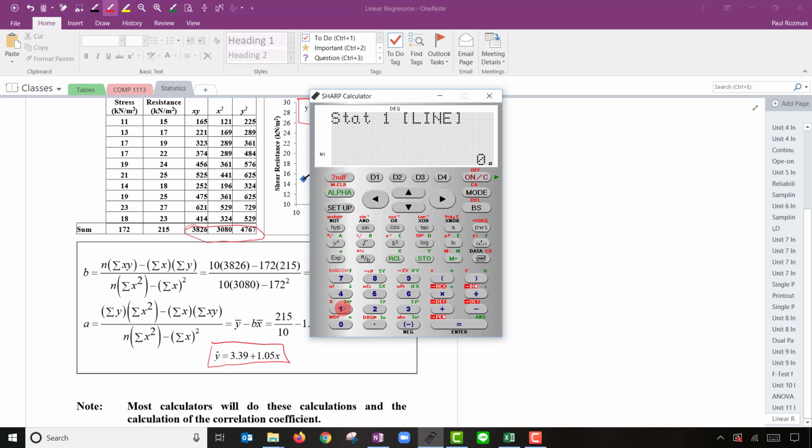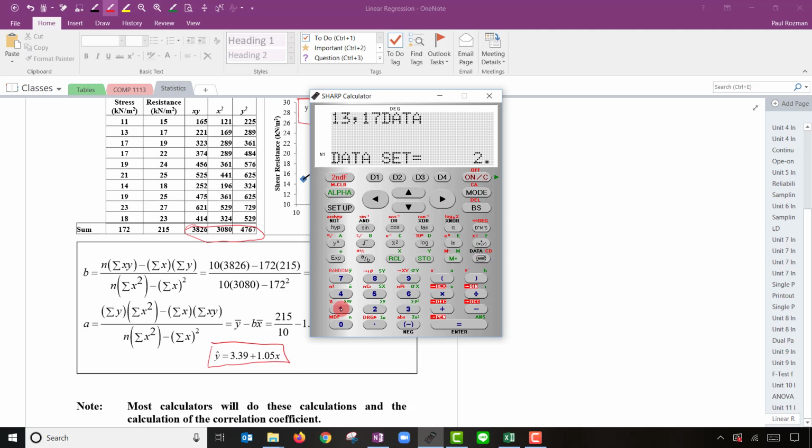For this example, say our first data point was 11, 15, so I type 11, and then I believe you have to hit a comma, 15, and then your data button. And now that point is in the calculator. And then you have to repeat it, 13, 17, and hit your data button.